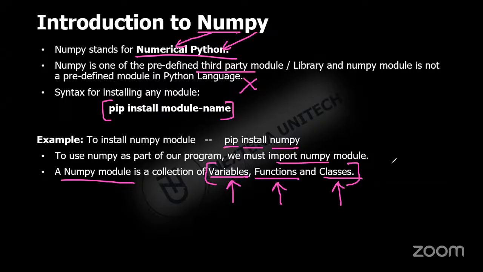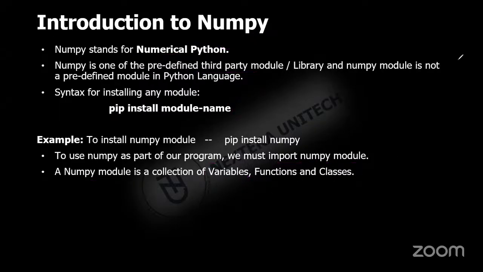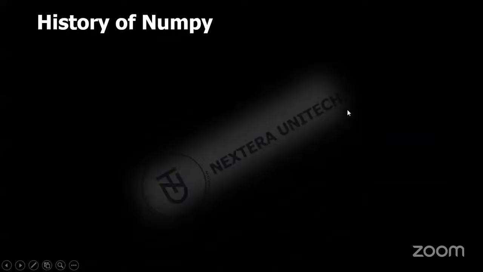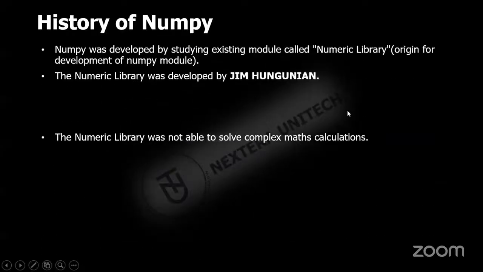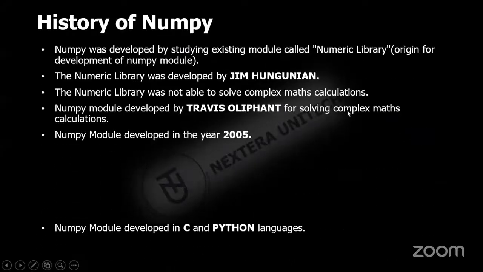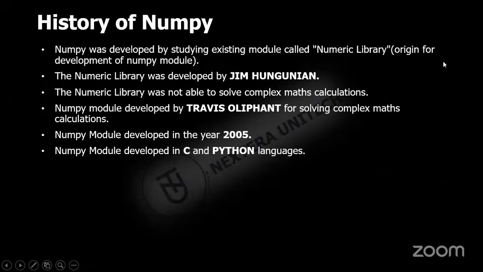Right? So let us talk about the history of NumPy. We understood NumPy is nothing but numerical Python. So what is the history of NumPy? NumPy was actually developed by studying an existing module. There was an existing module called the numeric library.